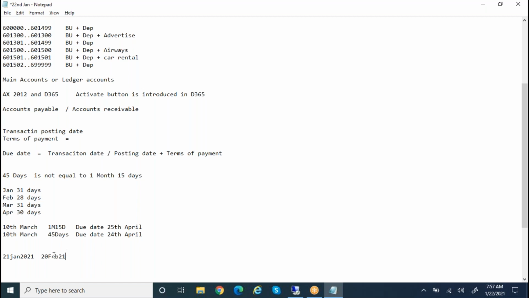Because Jan is 31, that is the reason 20 is calculated. Otherwise, for 45 days you can calculate one by one. It is 20th to 28th February, 8 days, plus 7 days in March.